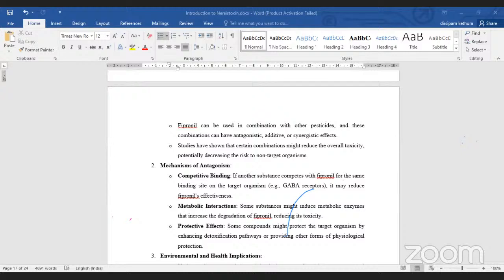Yes. Whatever we have discussed till now, like milbemycins, fipronil, formamidines, pymetrozine, these are the molecules which directly show their toxicity on the target organisms.